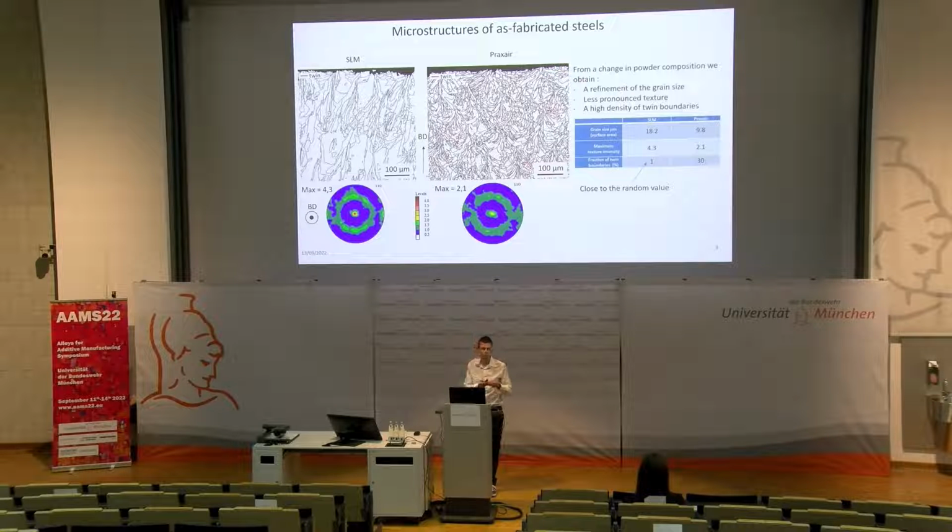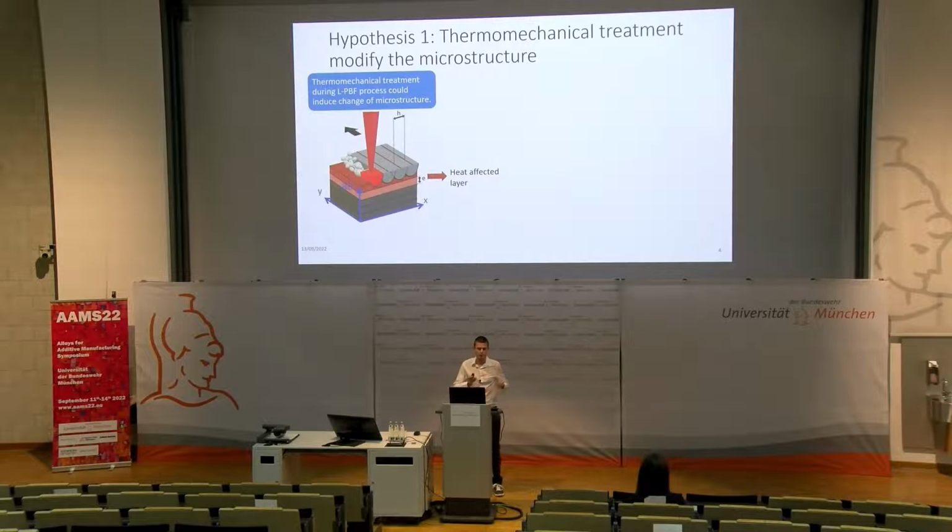So we will try to make some hypotheses to find the origin of this special microstructure. The first hypothesis we made was that the thermomechanical treatment can modify the microstructure.